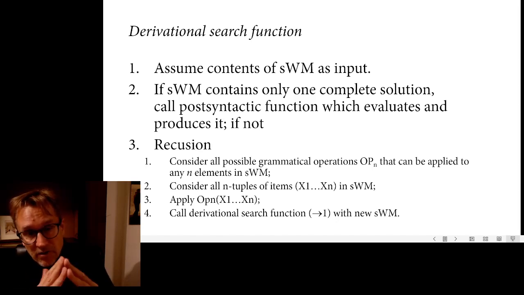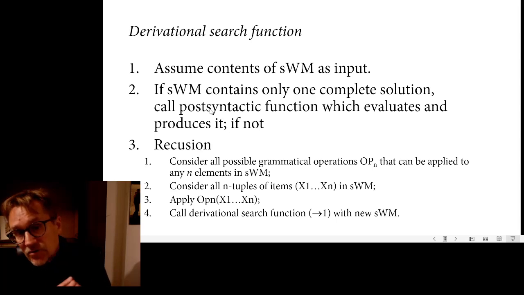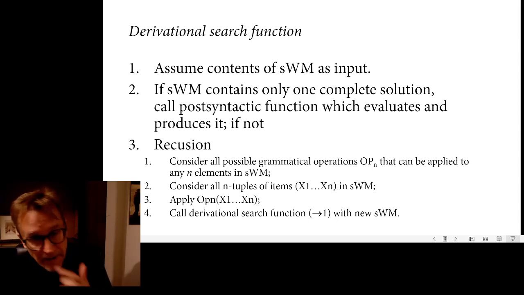So we have the dog barks, and that will be the new syntactic working memory here, and we call this function again recursively. Here we now have only one phrase structure remaining, and that will trigger condition 2, which brings us to the post-syntactic function, which will do additional checking and adjustment if required by the theory, and will produce the final sentence, the dog barks, that we should find in the dataset.